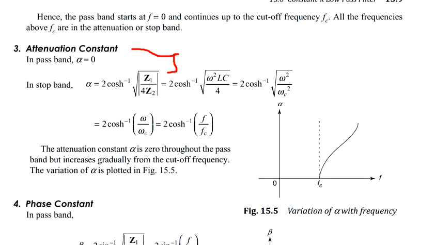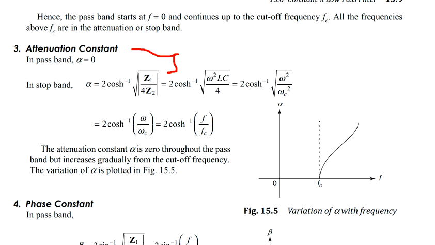Now since omega is dividing with omega C, 2 pi will be cancelled. If you write it as frequency in Hz, then you will get 2 cosh inverse of f by fc.